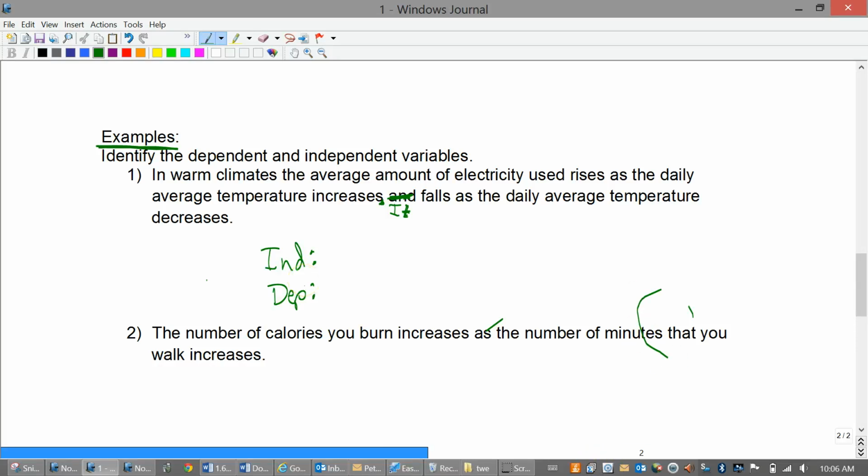In this scenario, we're using more electricity as the temperature outside gets warmer, because we turn on the air conditioner. When it's warm outside, we turn on the air conditioner, which creates more electricity usage. The one that depends on the other, the one that happens as a result of the other variable, is the electricity usage.